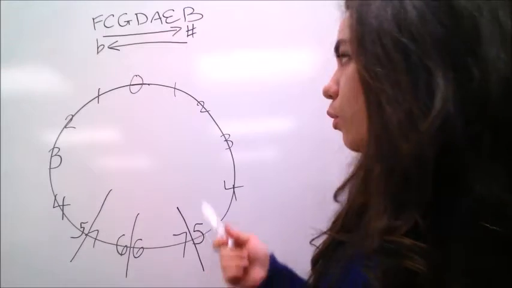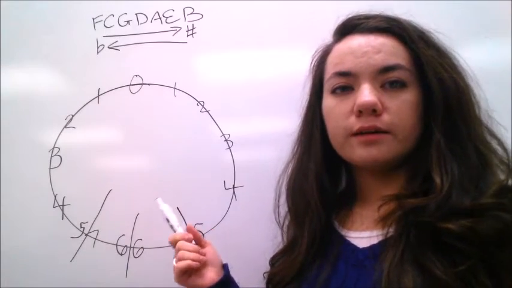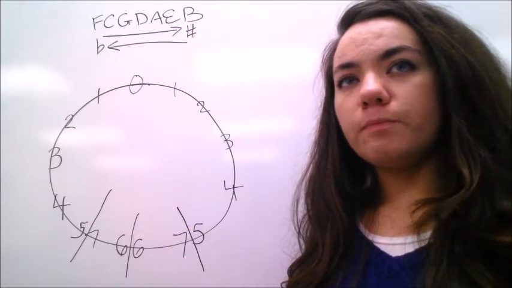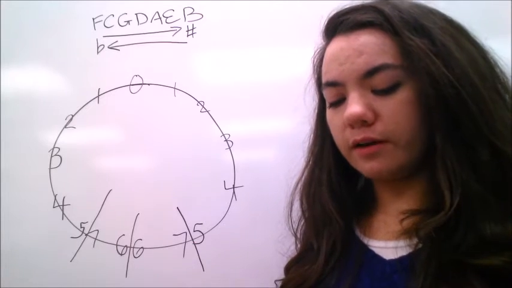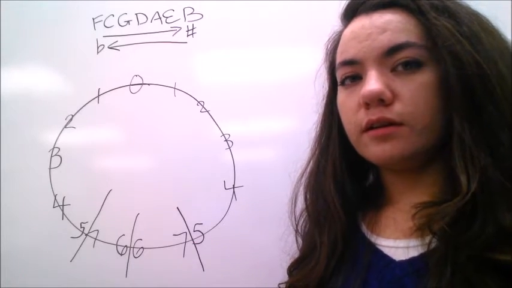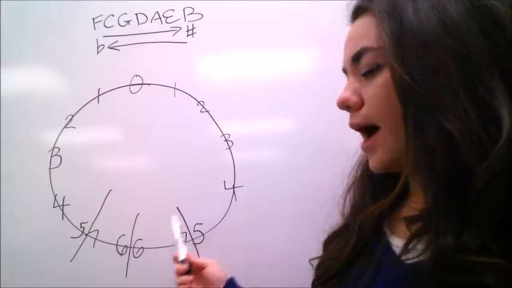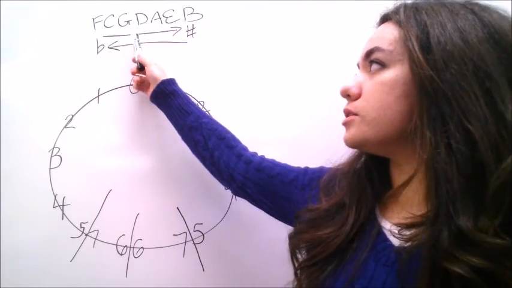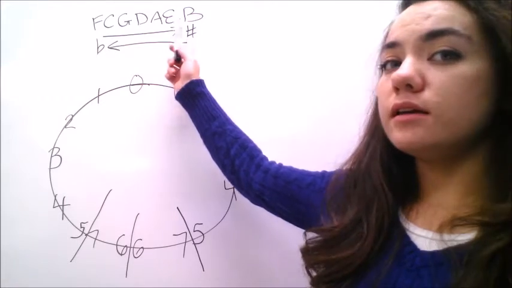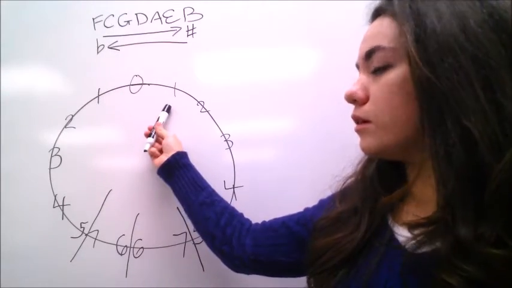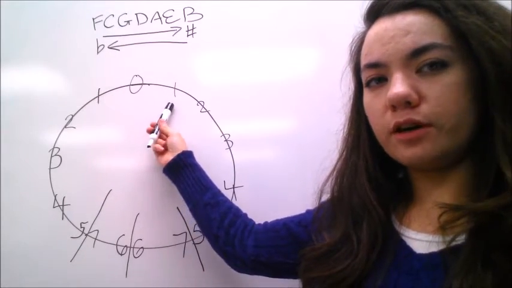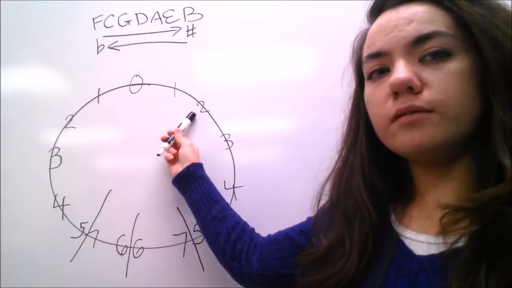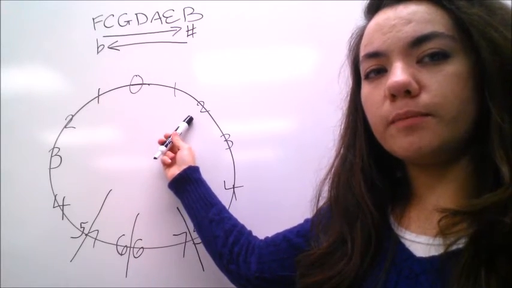Now, how do we know which notes are sharp or flat in each one of these keys? Well, it turns out that the sharps are always added in this order: F, C, G, D, A, E, B. So, this 1 sharp is F sharp. These 2 sharps are F sharp and C sharp.